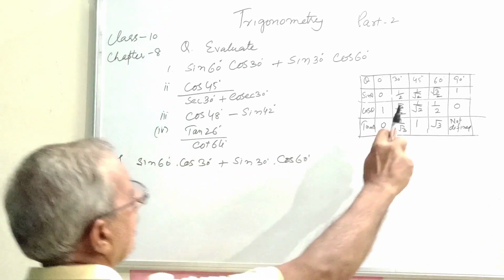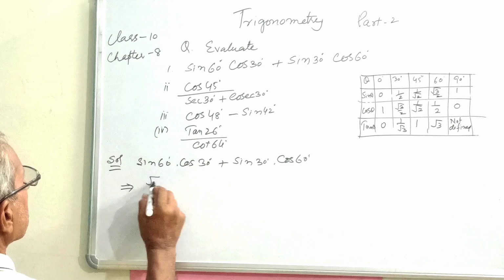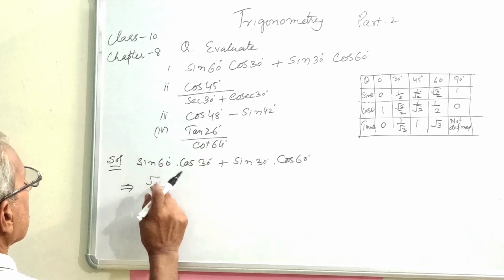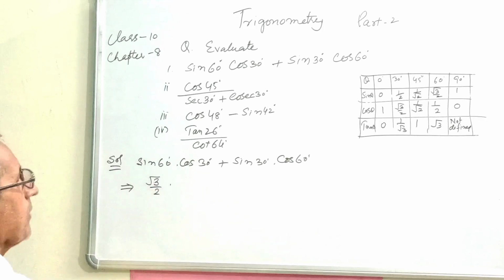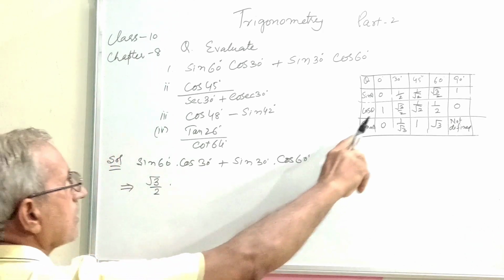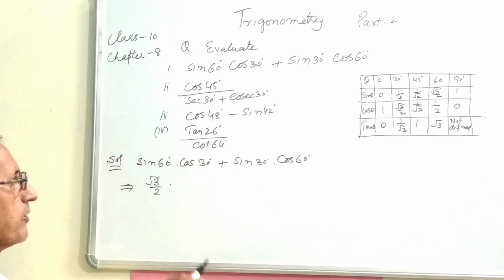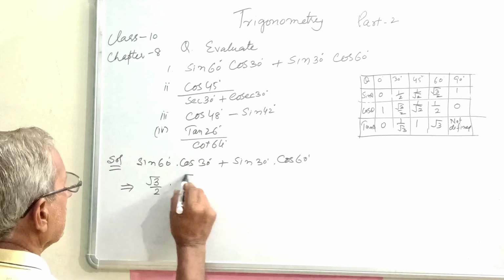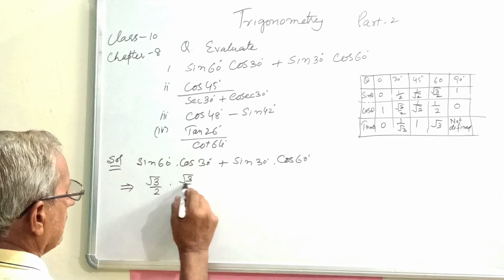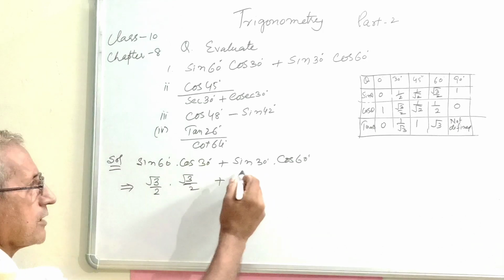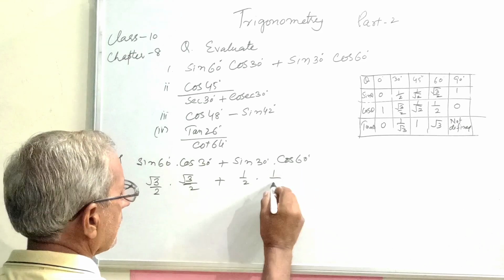Sin 60 is under root 3 upon 2, multiplied by cos 30, which is again under root 3 upon 2, plus sin 30, 1 upon 2, into cos 60, 1 upon 2.